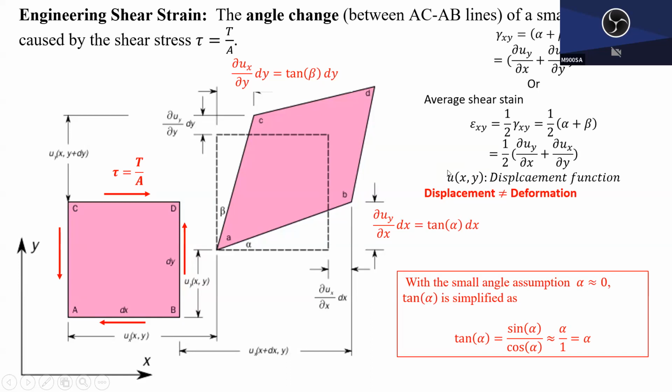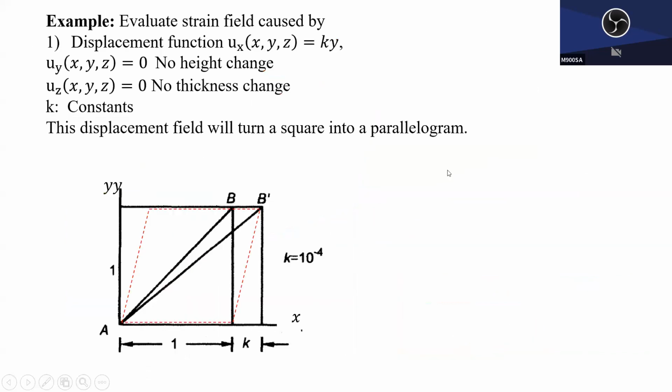So tangent alpha can be viewed as alpha. That's why this is equal to alpha. That's the way we engineers try to simplify the problem. But the takeaway message is that shear strain is the angle change from square to parallelogram.